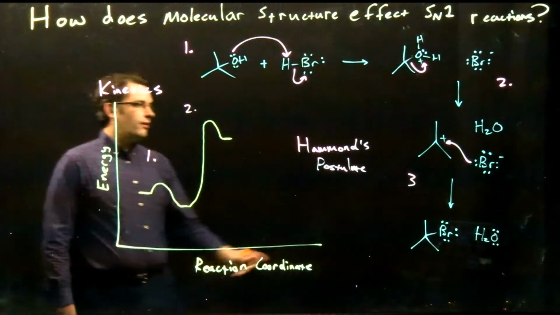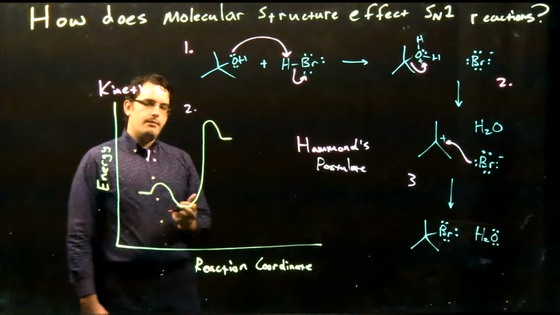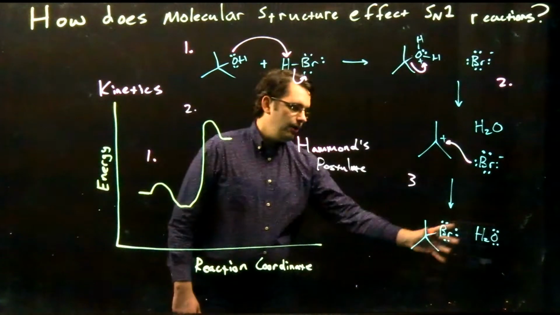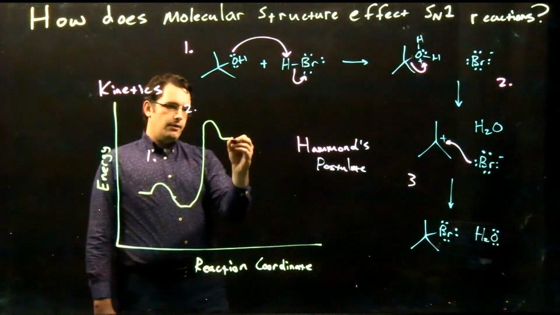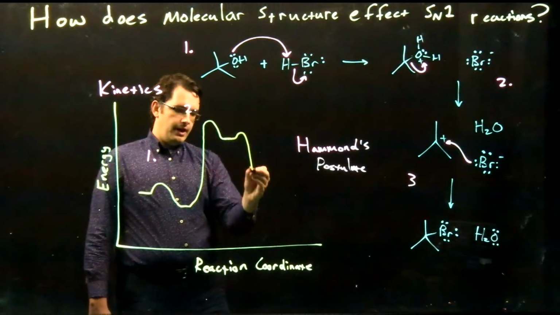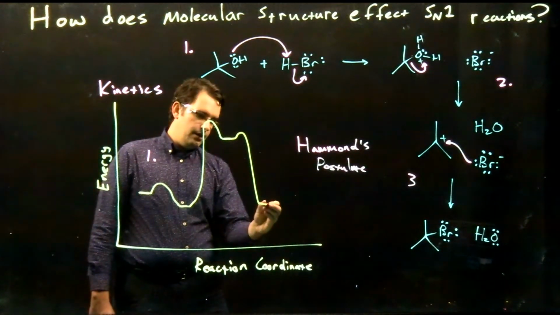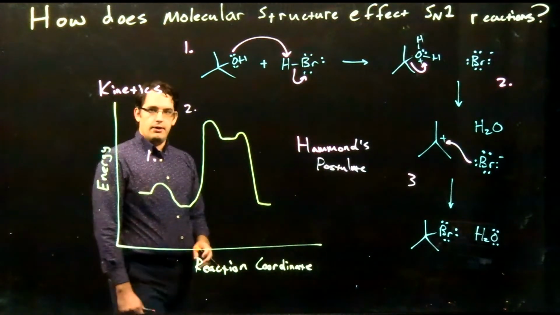So at this point, we're going from our unstable carbocation intermediate to our final products, which are happy. They have their full octet and everything. So we're going from very high energy down to a lower energy product.